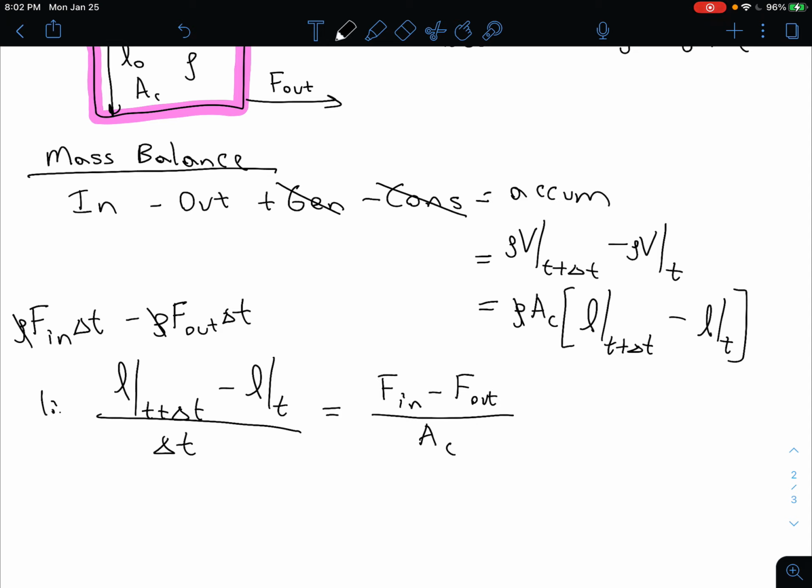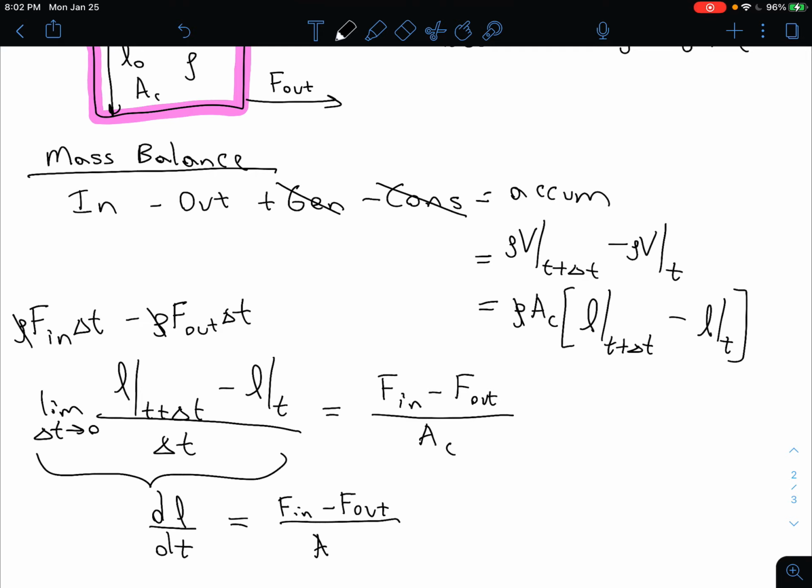And if I take the limit as delta t goes to 0, then this becomes dL dt equals F in minus F out over A C.